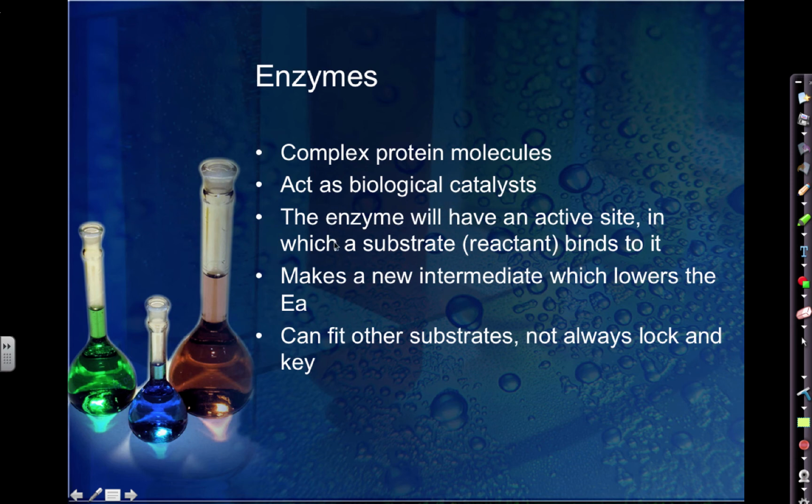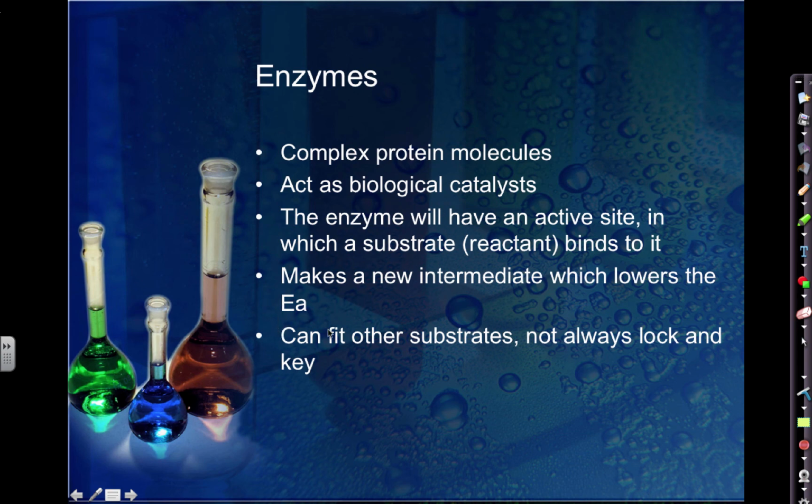They're used in almost every single biological process that we have. So the enzyme, which is just a catalyst, has something called an active site. And that's where a substrate, which is just a reactant, binds to it. And what it does is it makes a new intermediate, so it provides a new pathway to lower the activation energy.